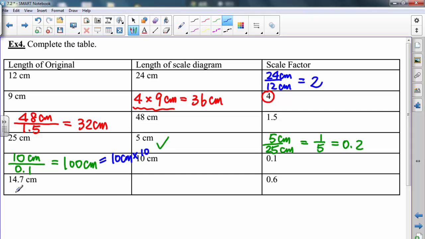The last one is the length of original one is 14.7 centimeters. I need to look for the length of scale diagram. And I also know the scale factor is 0.6.